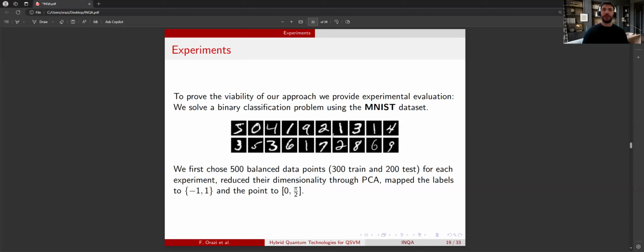For each experiment, we took 500 balanced data points with a 60-40 split between training and test, and reduced the dimensionality of the images with PCA, taking only the two principal components, because we didn't have enough computational power nor time to compute the full 28 by 28 pixel images. And we did some remapping of the values to better suit the quantum computation.